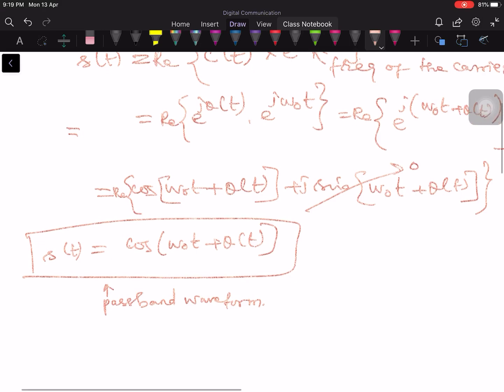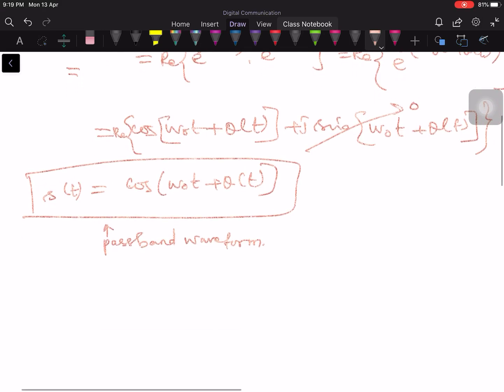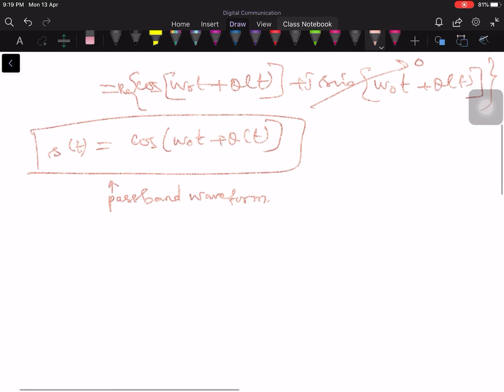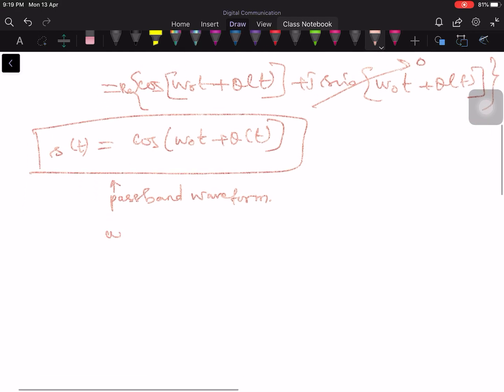Passband waveform, where theta of t is given as follows. Theta of t is given below: your initial phase theta L plus or minus 2 pi times t minus L TB over 4 TB.